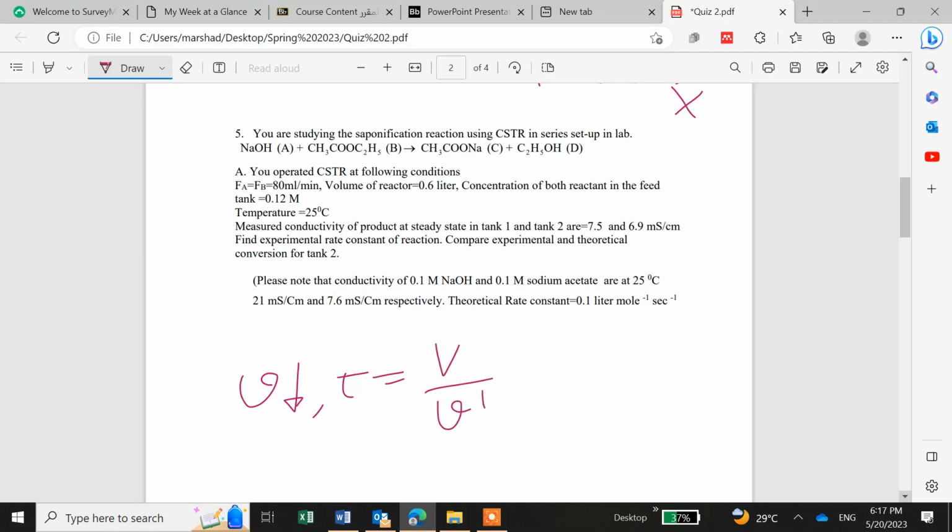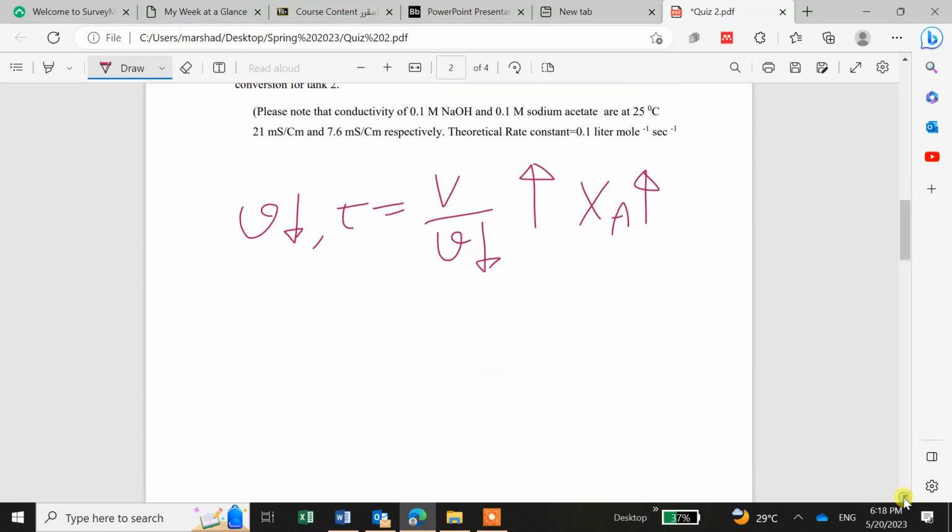If the flow rate decreases, the residence time will increase. If your reactant is going to spend more time in the reactor, conversion will be higher. But as we keep increasing tau, conversion will increase, and of course it cannot go more than 100%.